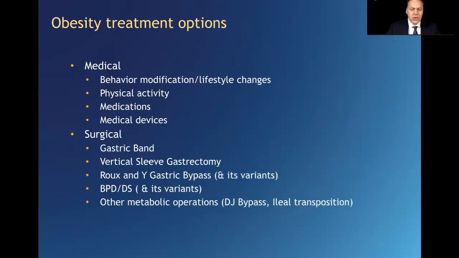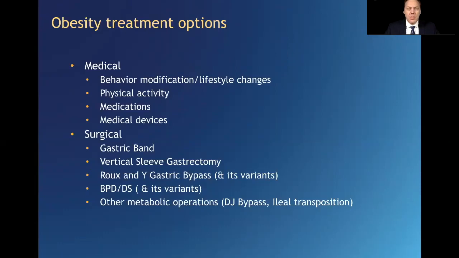Currently, surgery offers the only viable option with long-term weight loss results and long-term weight loss maintenance. Especially the BPD duodenal switch is one of the most effective operations. The other options, such as vertical sleeve gastrectomy and Roux-en-Y gastric bypass, are very popular as well, and gastric banding is somewhat already disappearing.